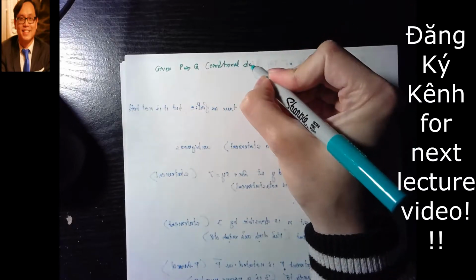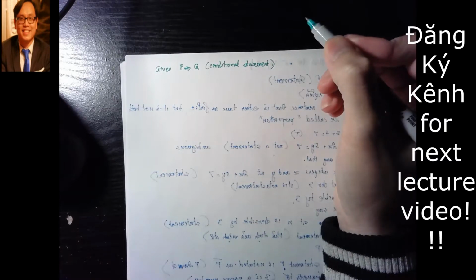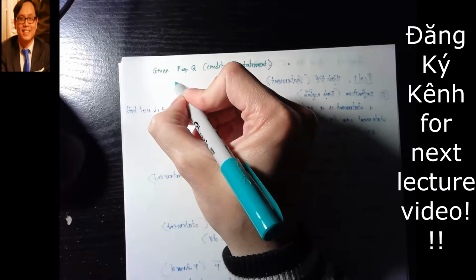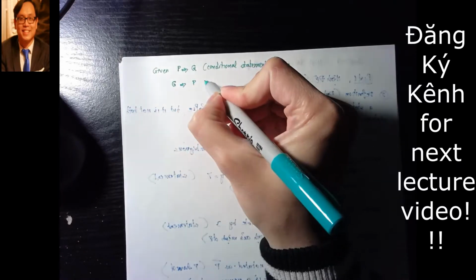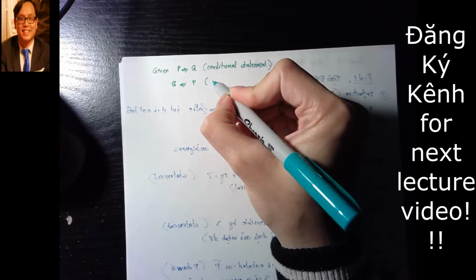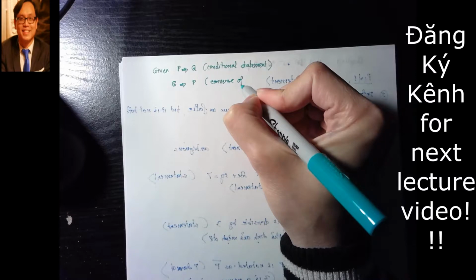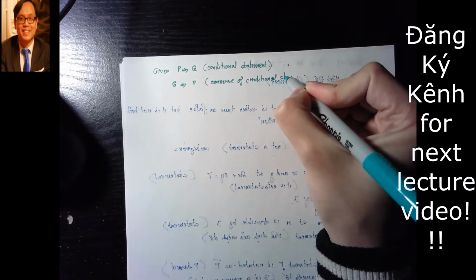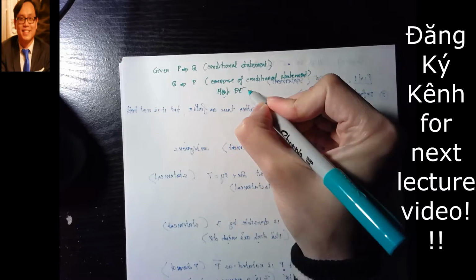So if we write Q imply P, then this is called mệnh đề đảo, converse of conditional statement. Hay được gọi là mệnh đề đảo.